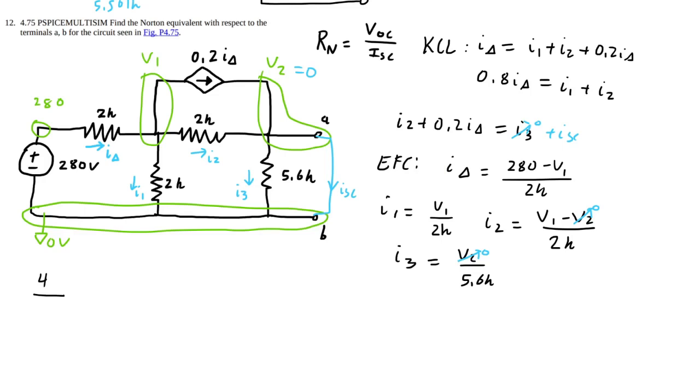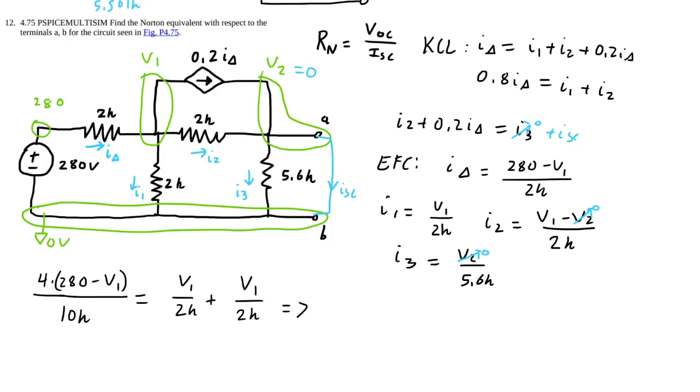So 4 times (280 minus V1) over 5 times 2k, which is 10k, equals V1 over 2k plus (V1 minus 0) over 2k. Simplify this, we're going to get 10 V1 on the other side, I think.